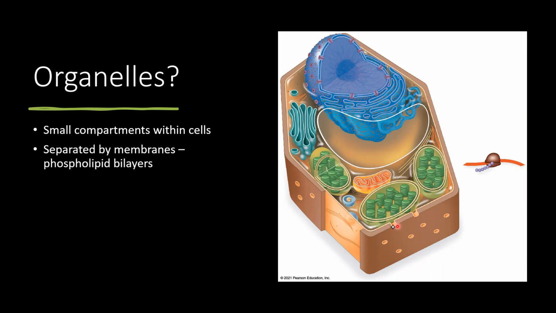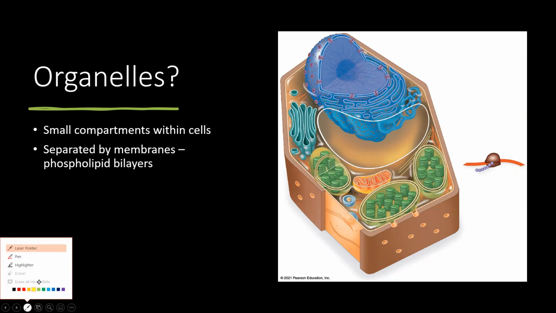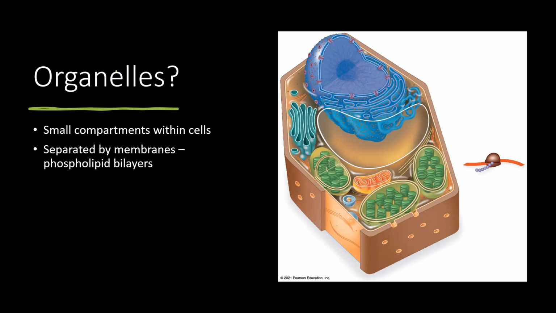Each one is separated by membranes, specifically phospholipid bilayers. Most, if not all, of these membranes that are separating and compartmentalizing the cell are phospholipid bilayers. Do you guys remember that from when we were looking at phospholipids? Phospholipids, remember, have a hydrophilic head and two fatty acid tails that are hydrophobic.